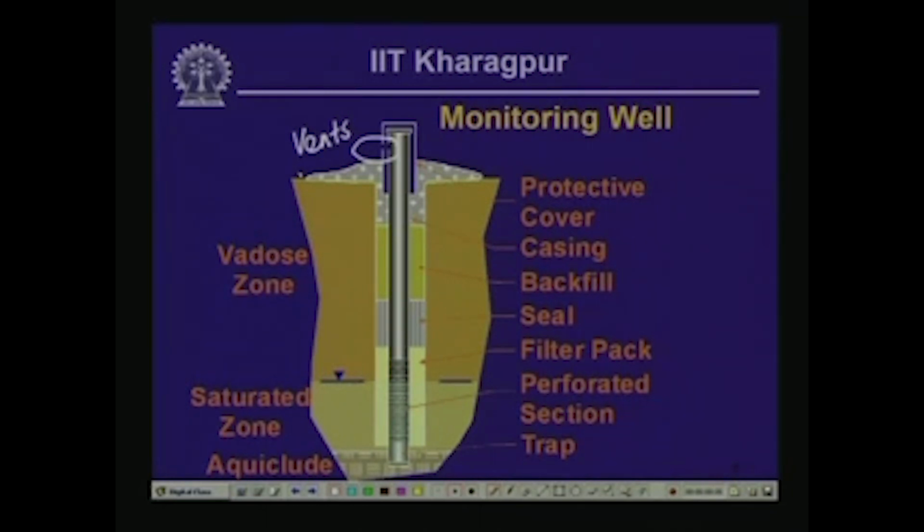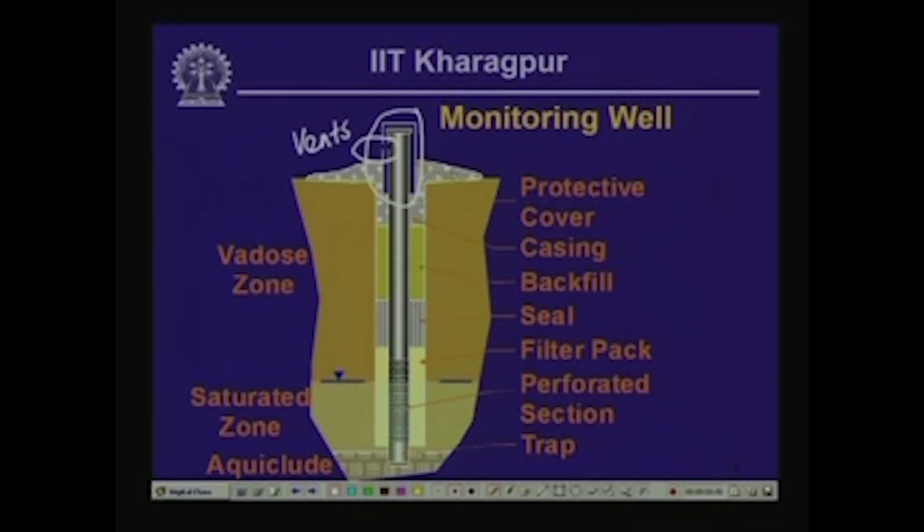And then the well casing is protected by installing a protective cover. This is usually a lockable protective cover encased within a concrete backfill at the top.